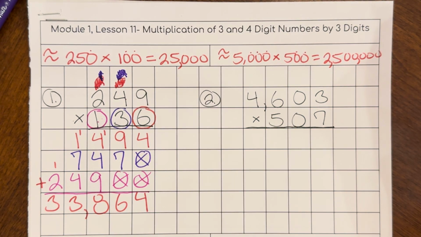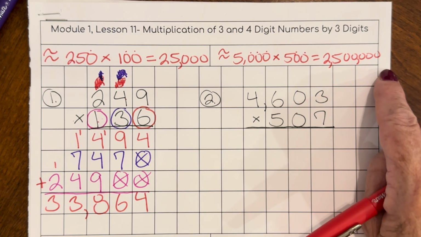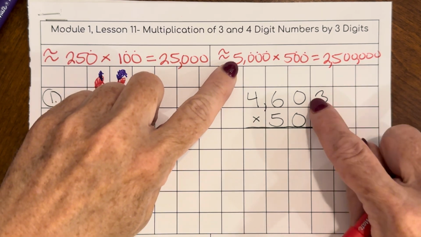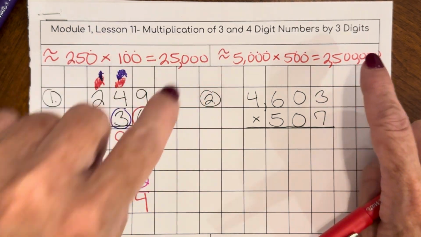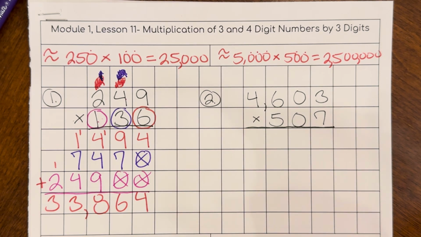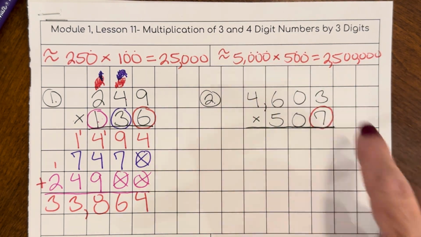So I'm thinking my product might be over 2,500,000. But look, this time I rounded up from this factor, so I think my product's probably going to be less than that. Okay, so let's go and see if my product's less, since I rounded my factor so much up.